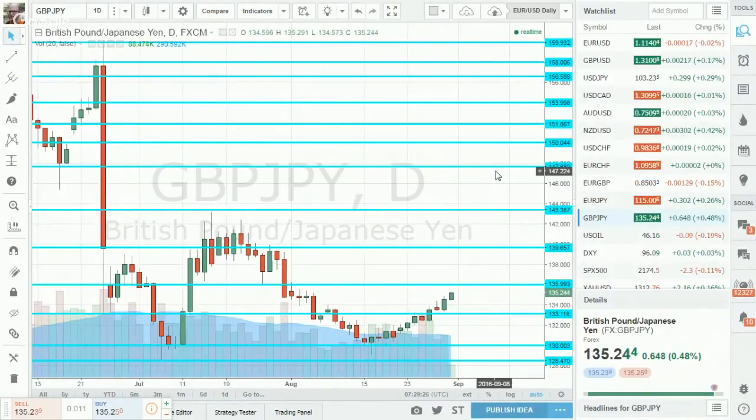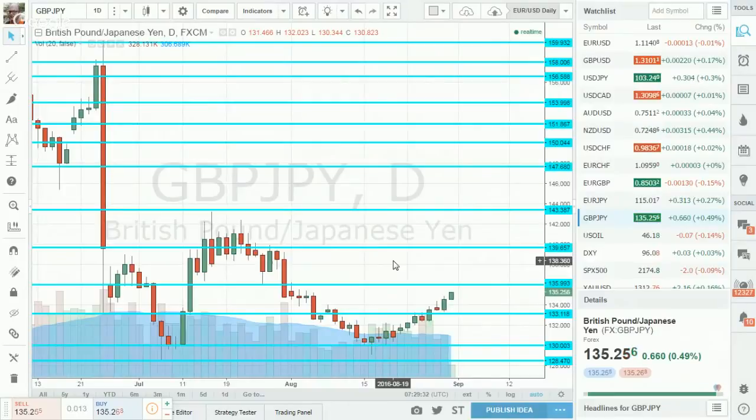On the downside, we have the round level of 130, but we already reached lower levels at 128.50. All in all, pound yen, many pips to be made and the same number of pips to be lost. So trade with care, with low leverage on this specific currency pair.